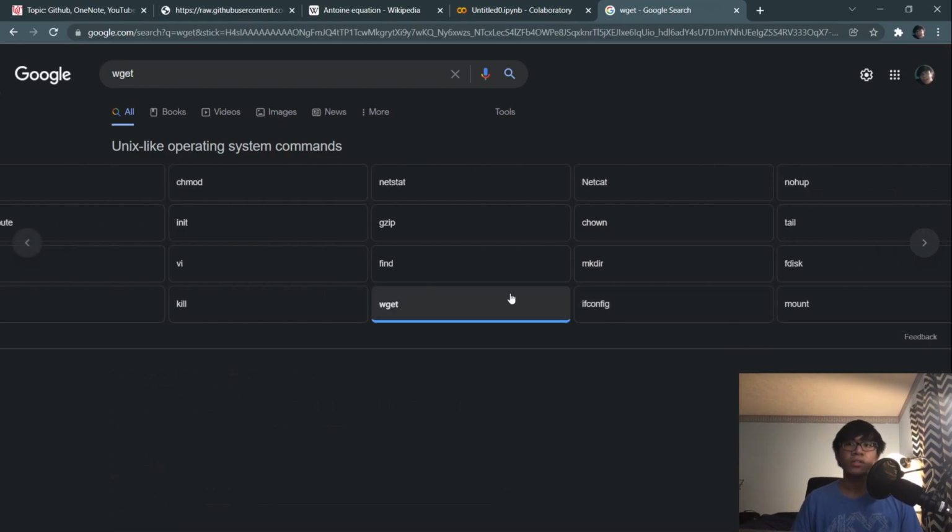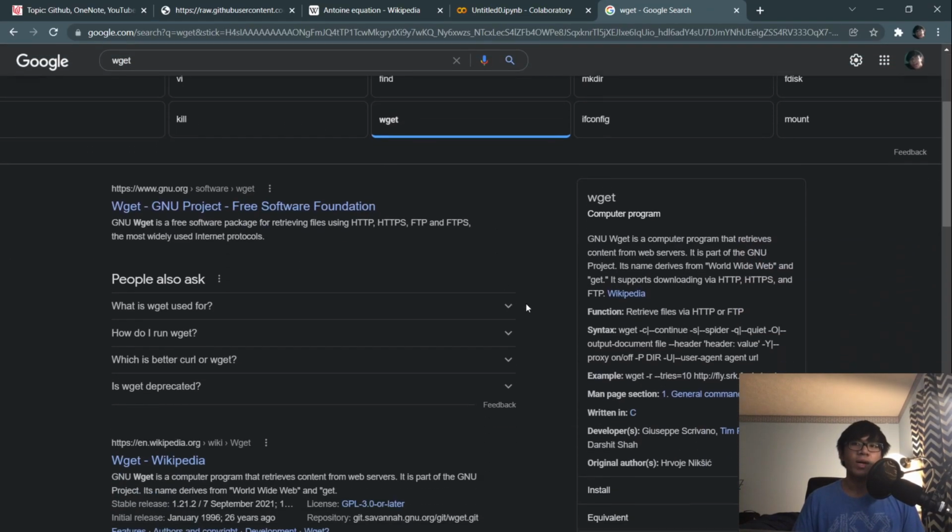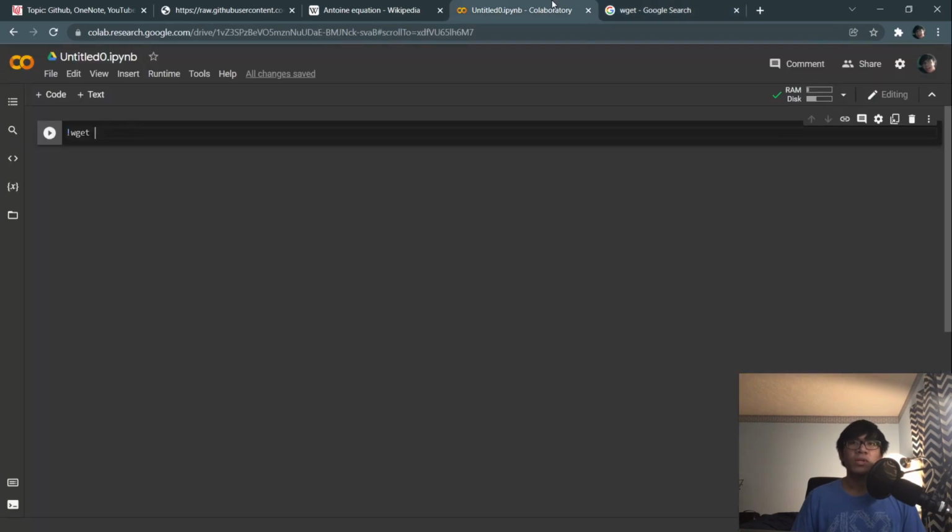So here we'll find wget, and actually it's by GNU, and that gets into some wacky stuff about GNU being the acronym for GNU's Not Unix, and it's a Unix-like command. I won't get into that, but basically all you have to know is about wget. We get web content. Actually, yeah, we just get web content, isn't that it?